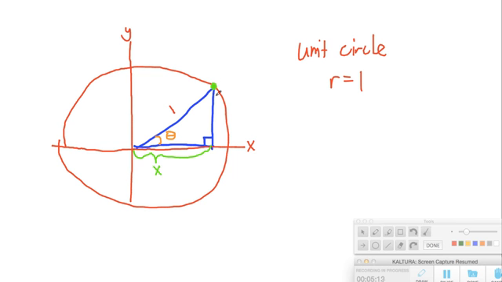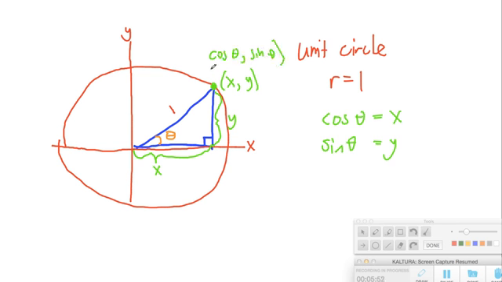And the side that we would have called the opposite is actually the y-coordinate of this particular point right here. So it turns out that the adjacent side, the cosine of theta, is equal to the x-coordinate on the xy coordinate plane, and the sine of theta is equivalent to the y-coordinate. So if you're on the unit circle, cosine is your x-coordinate and sine is your y-coordinate. Just like that.